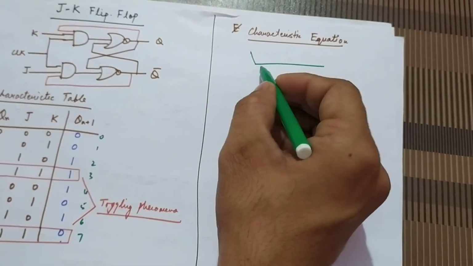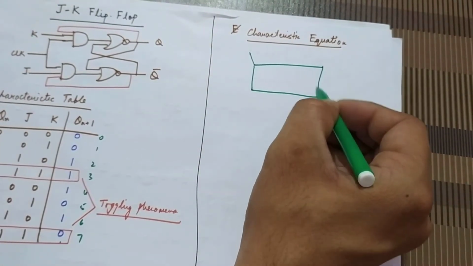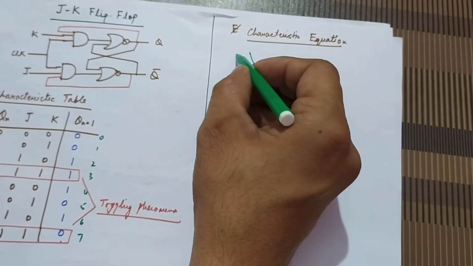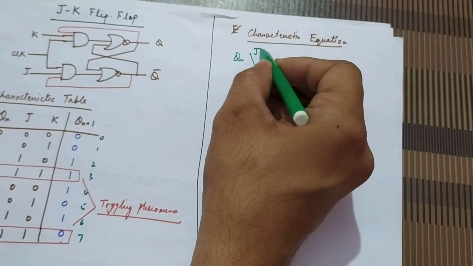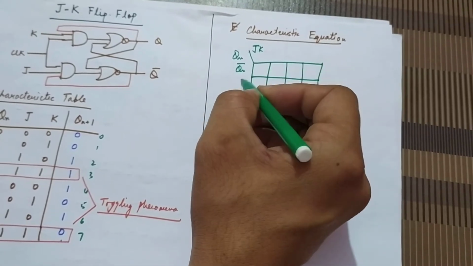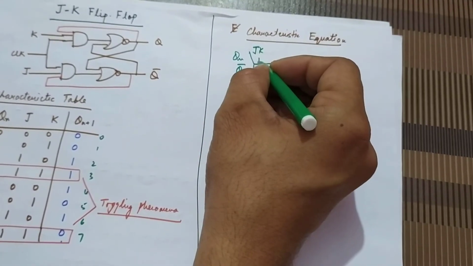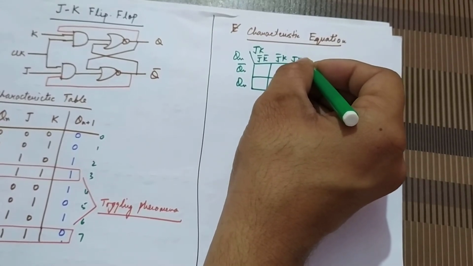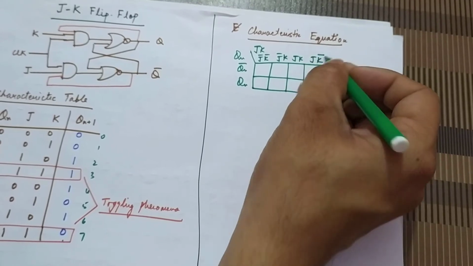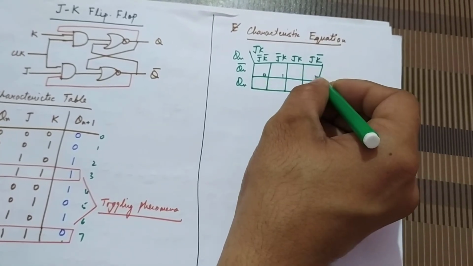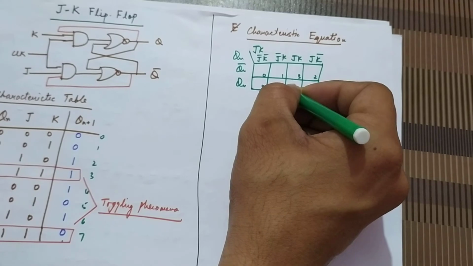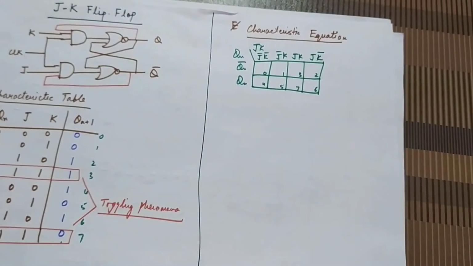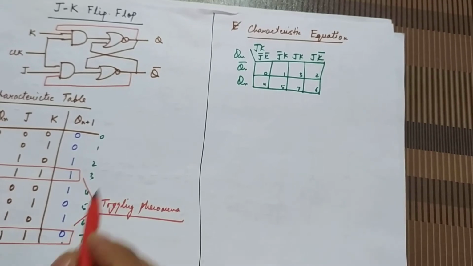So as far as the K-map is concerned, we have Qn bar, Qn, J bar K bar, J bar K, JK, JK bar. Here it is 0, 1, 2, 3, 4, 5, 6 and 7. Now we have to see at what numbers we have the values.